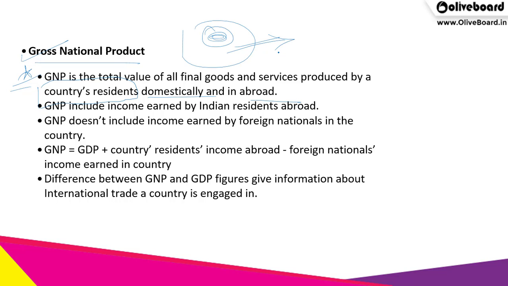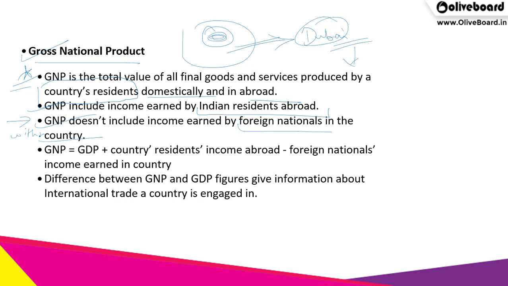If somebody is working in, let's say, Dubai and earning some money, that will be counted. GNP includes income earned by Indian residents abroad. GNP doesn't include income earned by foreign nationals within the country. GDP was including this figure earned by foreign nationals, because it was inside the boundary.